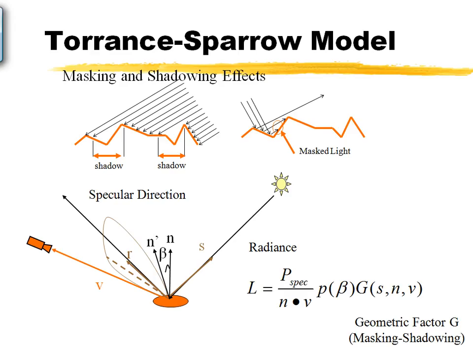Or you may get shadows where a portion of the surface of the object is overshadowing something else. So there's a diminished amount of energy that gets transferred. All of these we can capture in terms of this generalized geometric factor that is expressed in the model. So this is really the extension of what the Torrance-Sparrow model does. It tries to capture this, and this is how we express the true amount of energy that we're going to measure in terms of intensities.